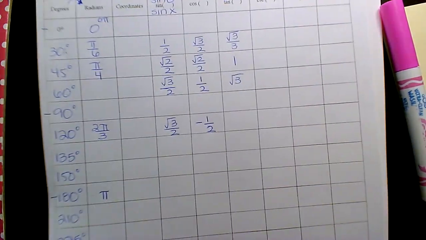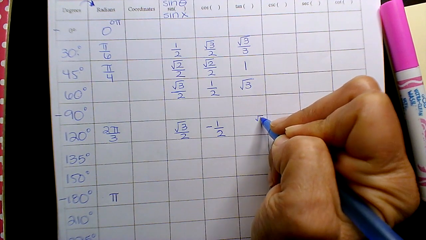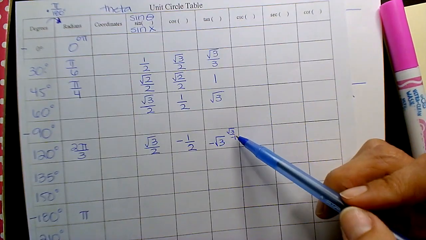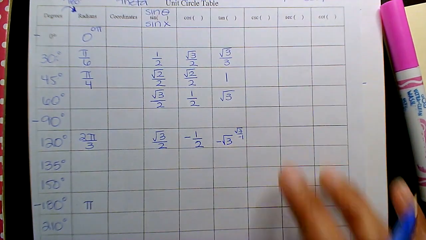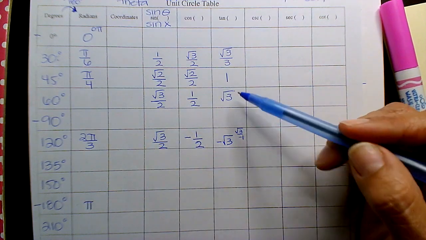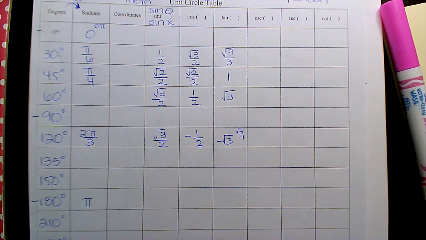So on the side if you want, you can go rad 3 over -1, but it's negative rad 3. The reason why you put that, if you wanted to, is because these are reciprocal, inverse functions kind of. And so if you're able to put the ratio, then you know just how to flip it. So if you want to, you can, but it helps if you just know where it came from.